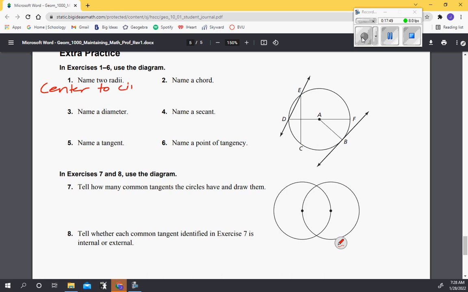So we need a segment that starts at the center and goes to the circle. We could call it AB. That's a good example. I'm going to say segment AB. Remember, that's a segment because it doesn't continue. It stops there. Another one could be AF.